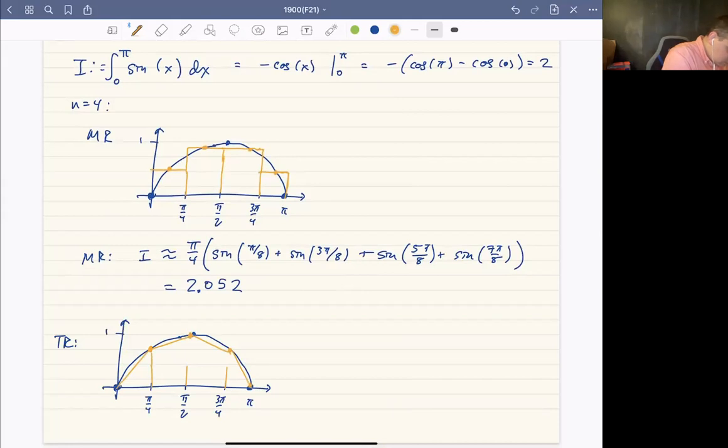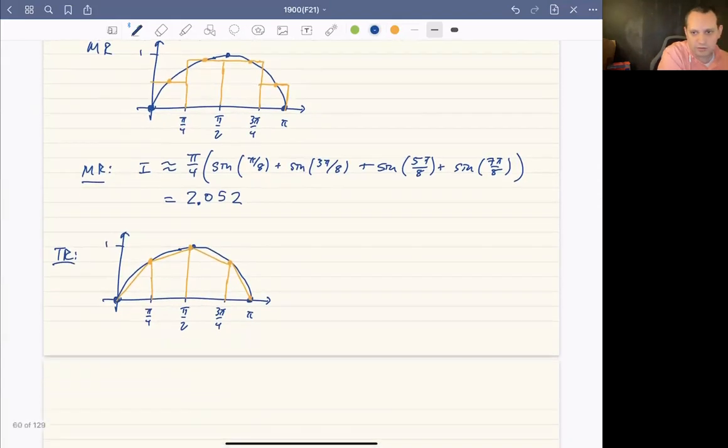You can kind of tell what's going to happen: we're going to get an area that's a little below 2, since the function is concave down, so all the trapezoids are going to lie underneath the curve. So knowing the shape of the function, the concavity, tells you a little bit about whether you'll get an underestimate or an overestimate.